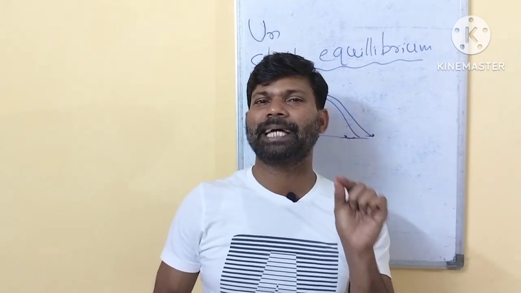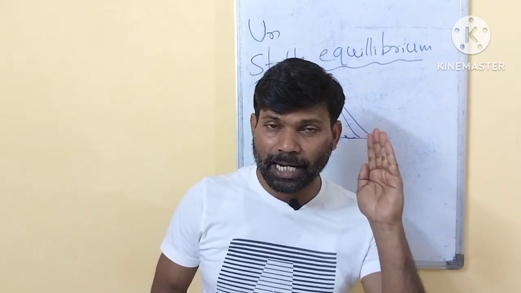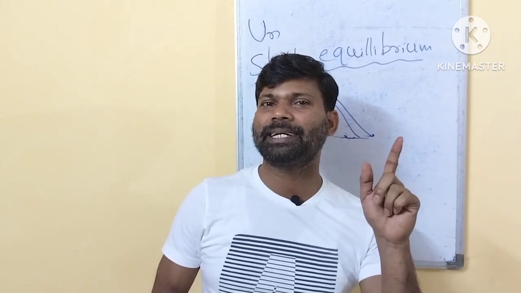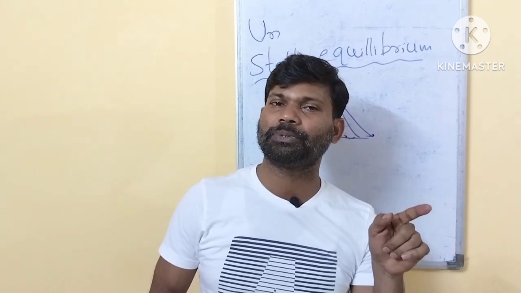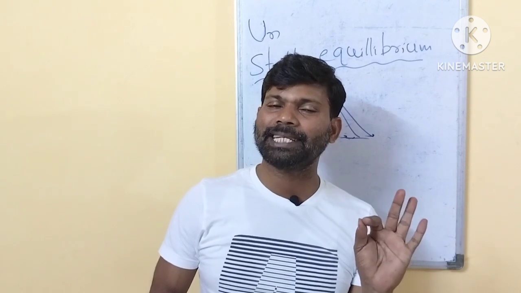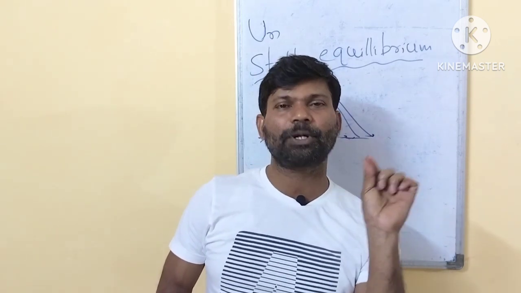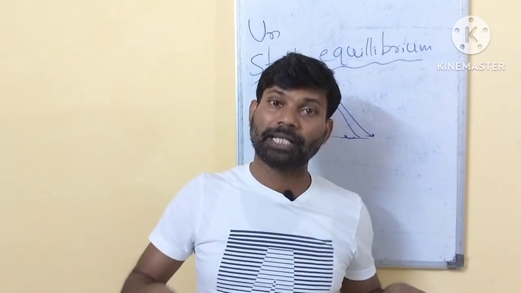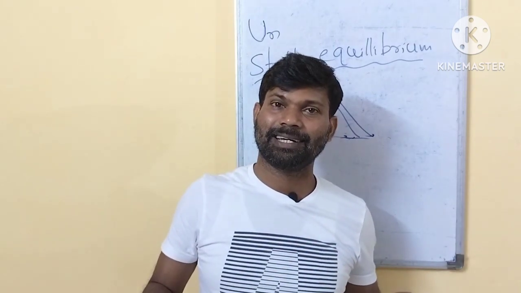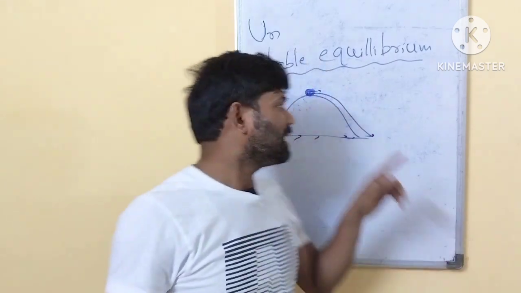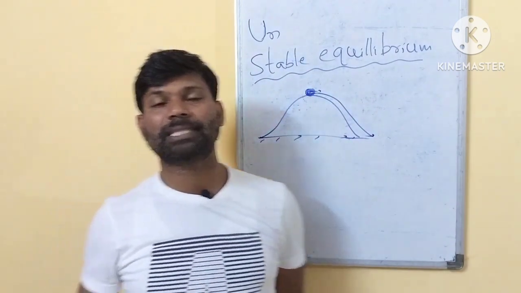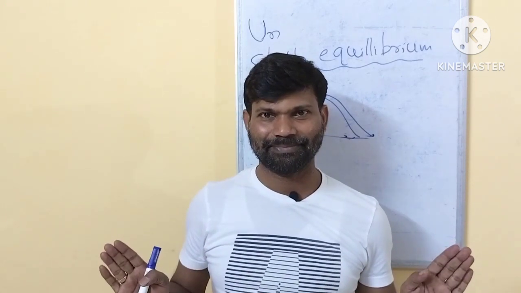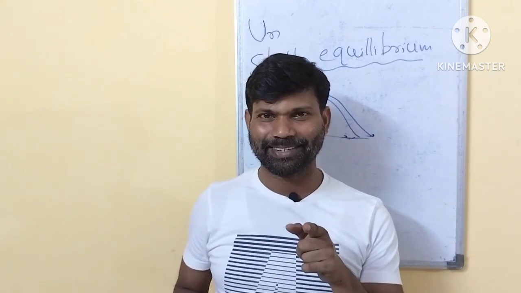If the object is at highest potential energy, if you disturb it, it will never come back to the original position. It means if the object is at highest potential energy, and surrounding the potential energy is decreasing, this kind of equilibrium is called unstable equilibrium. You got it, no? Good.